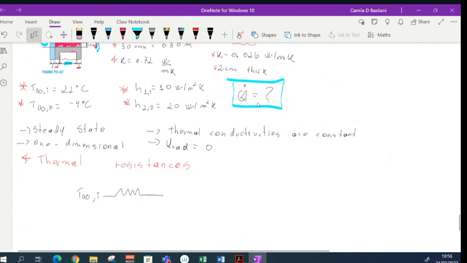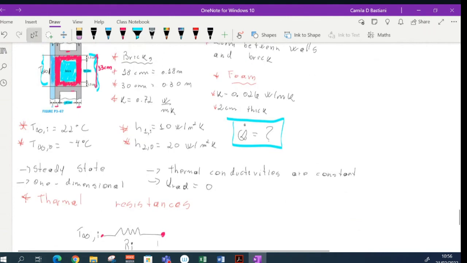So my R_i, I'm going to call here, I have a convection inside. So convection between the air and the wall of the foam. The next resistance I have is my resistance of conduction due to my foam.